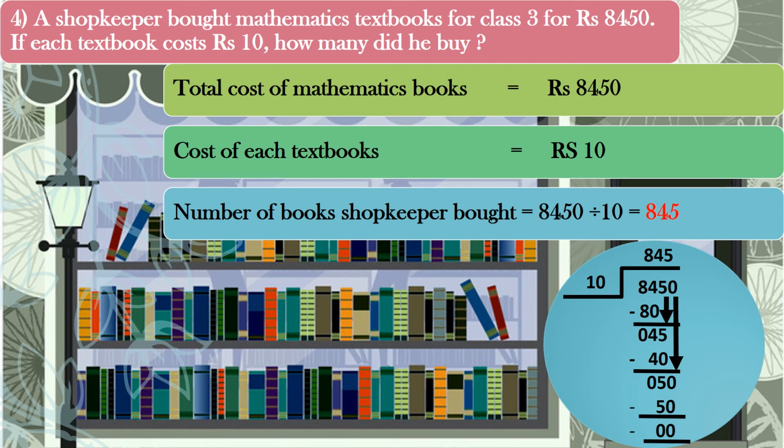Next, you bring down the remaining 0, so the number becomes 50. So 10 into what gives you 50? 10 5s are 50, and then you subtract 50 minus 50, you get 0. So what is the quotient we get? We get 845. So how many books did the shopkeeper buy? The shopkeeper bought 845 books for the amount he had.